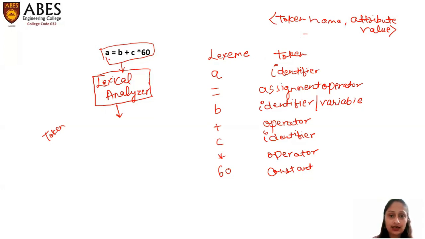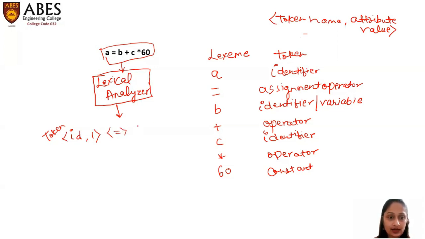Here, this is the lexeme A. It's an identifier, so we will write it as ID, comma 1. The next character is the assignment operator, and we will write it like this.